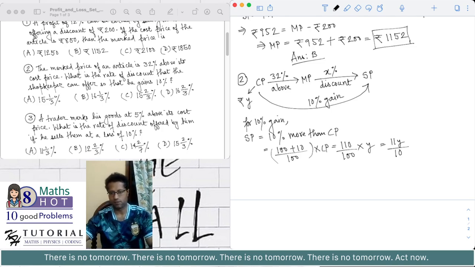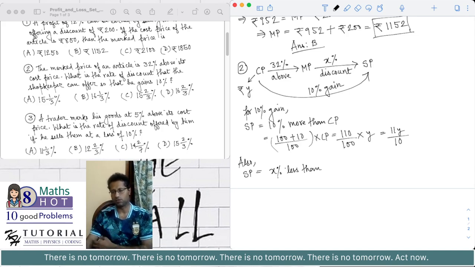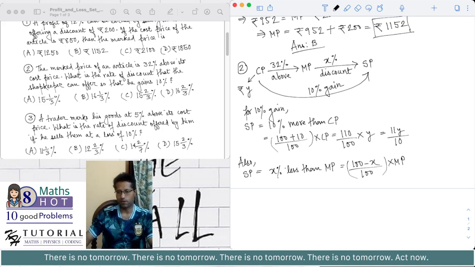Okay, so this was the value of selling price based on the cost price and 10% gain. Now let's compute the same selling price from the mark price. We can say selling price is equal to X% less than mark price, because when you have a discount on the mark price, that discount is deducted from the mark price to give the final selling price. So X% less than mark price means 100 minus X divided by 100 multiplied by mark price.